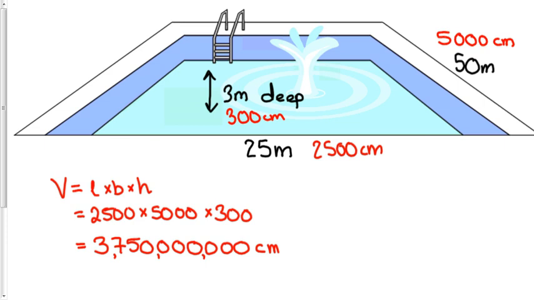centimetres cubed. I'm not going to rewrite that and say millilitres, but I'm going to change it into how many litres of water fill that swimming pool. That would be 3.75 million litres of water to fill up an Olympic swimming pool.